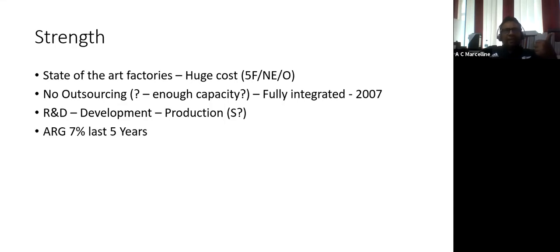The case says that they are very good: skilled workers, skilled employees, automated machines. In my view, not outsourcing means you have enough capacity, so you're not manufacturing to your potential. That is my view. Okay, guys, start thinking in that nature.